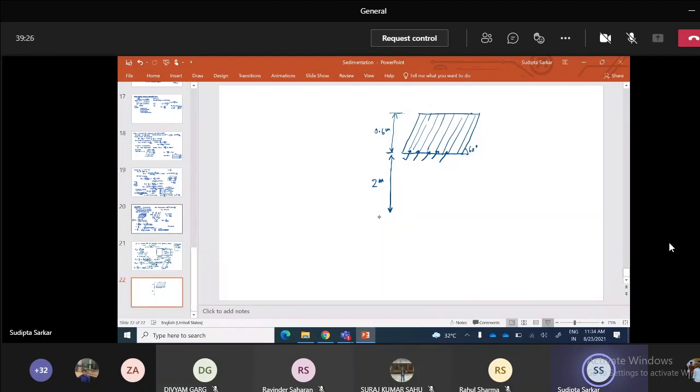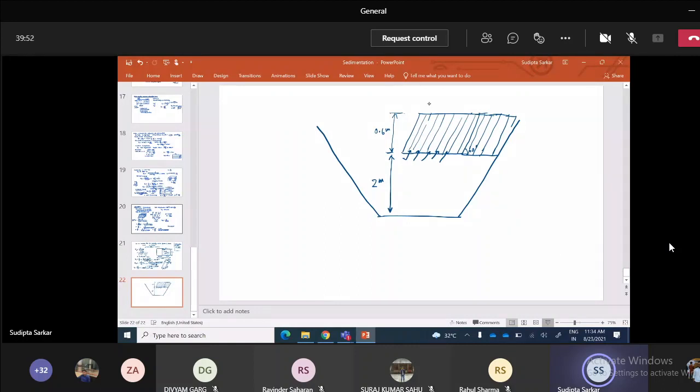So normally we like to provide a depth of 2 meter below this, so that we can provide a quiescent condition, and we can draw this. The whole length will be like this.